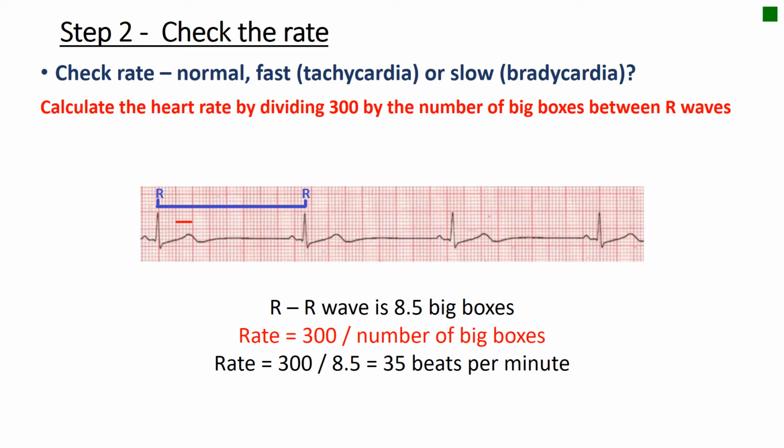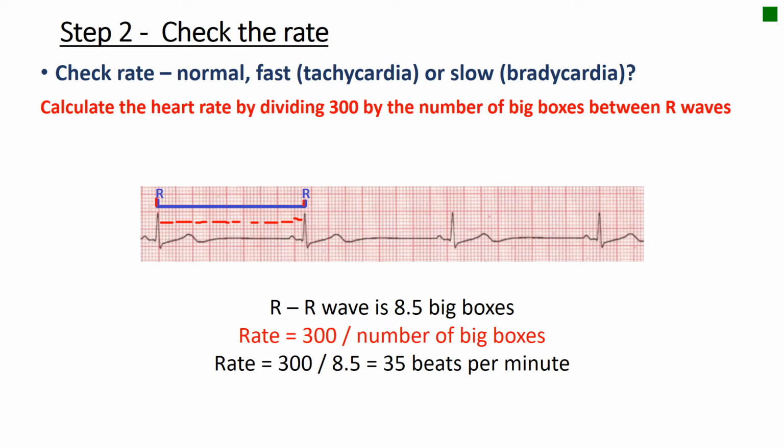What's the distance between the peak of the QRS complex to the next QRS complex? And you can count the squares in between. That's 1, 2, 3, 4, 5, 6, 7, 8, 8.5. So the R to R wave is 8.5 big boxes.